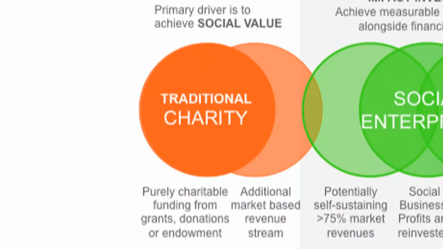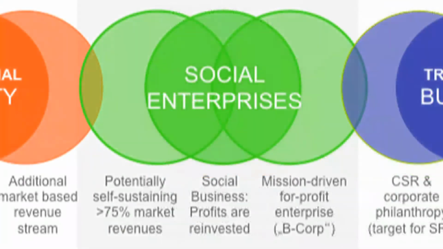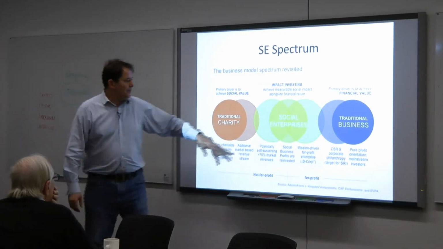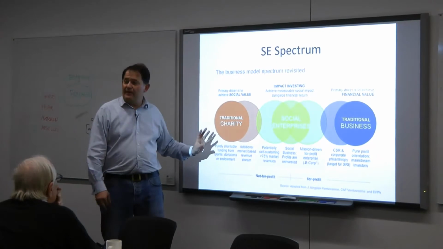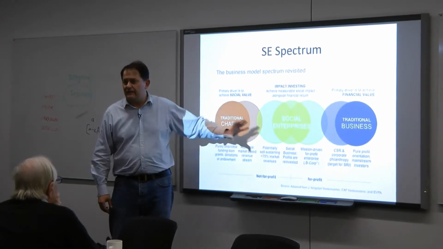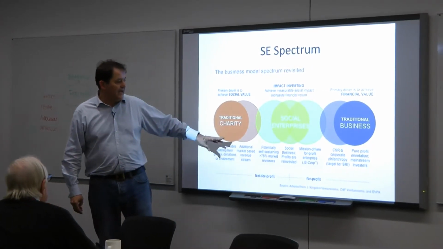So they set up the Oxfam shops, they set up enterprises, and so on. Then, once more than 75%, and that's not a fixed figure, of the vast bulk of your revenues is not from donation but from market activities, from training, you start moving out from the charity zone and into the social enterprise zone, okay?